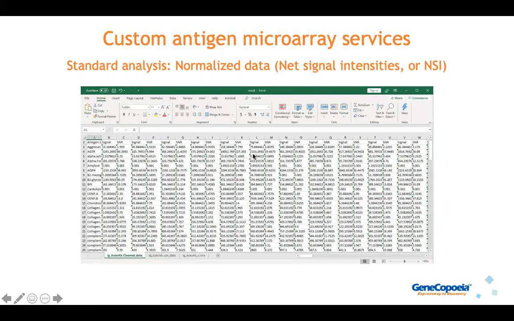This is an example of the standard antigen microarray service analysis, where we provide normalized data in the term net signal intensities, or NSI. We have the list of antigens on each array, and then these columns represent different patient samples, and then we provide the normalized signal intensities.